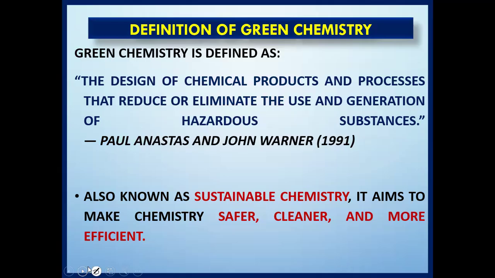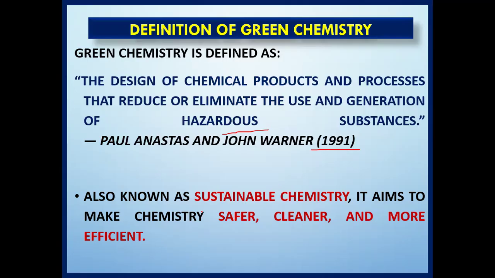Definition of green chemistry. Paul Anastas and John Warner introduced green chemistry and defined it in 1991. According to them, the design of chemical products and processes that reduce or eliminate the use and generation of hazardous substances is known as green chemistry. So basically, green chemistry focuses on designing chemical products and chemical processes that reduce the generation of hazardous substances into the environment.